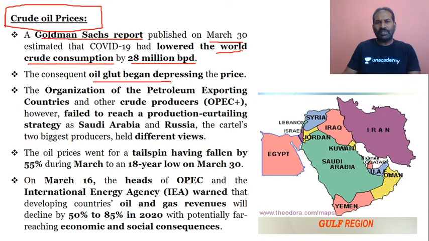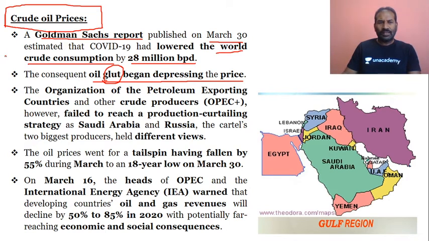You also have this oil glut that began depressing the price. So what do you mean by this glut? Glut means excess of supply. So added to the pandemic, the oil supply is also high. First, the demand is low.